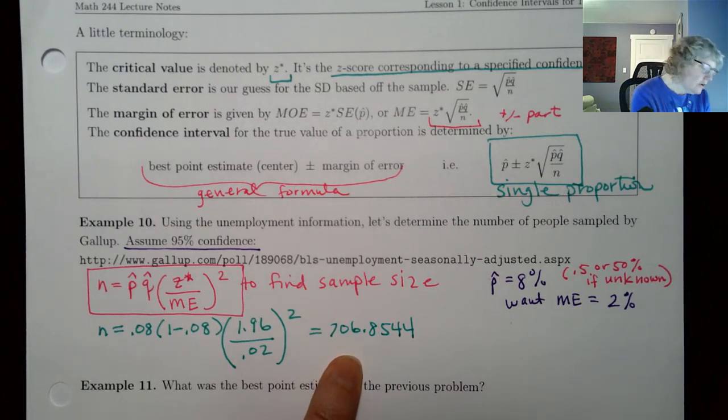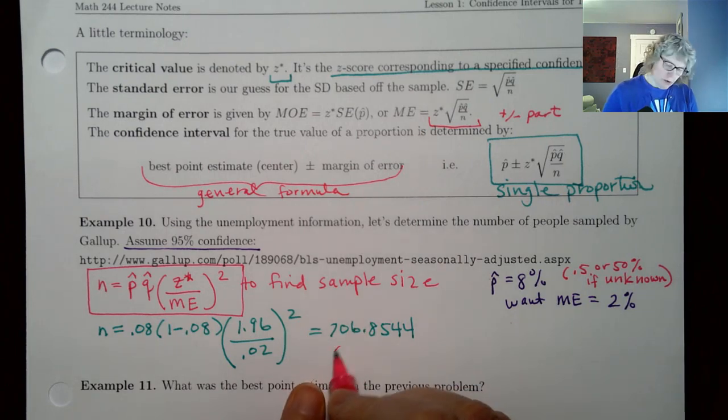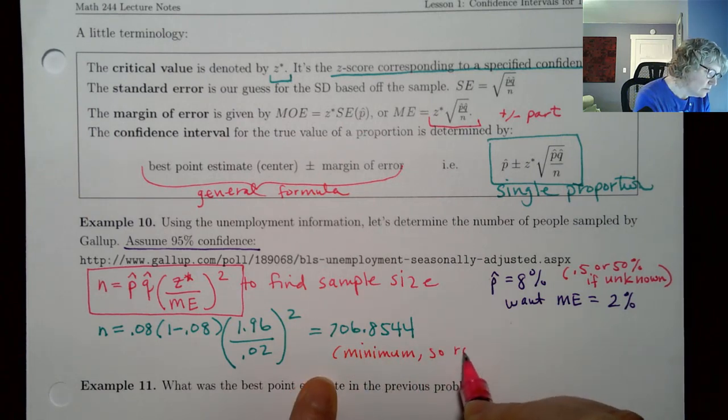Now, we're not quite done yet because remember, this is how many people we need to survey. So we can't survey 0.8544 of a person, right? But the thing to know is this is a minimum. So we're going to round up.